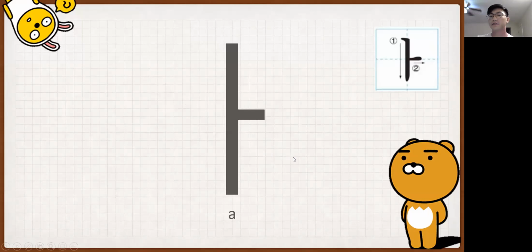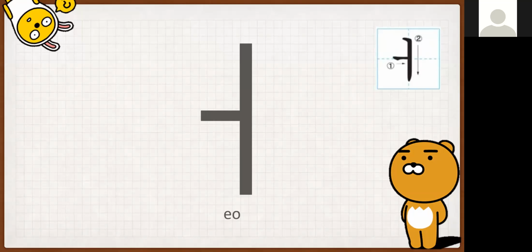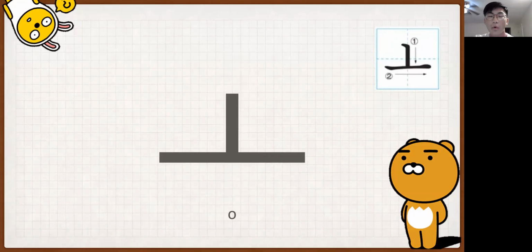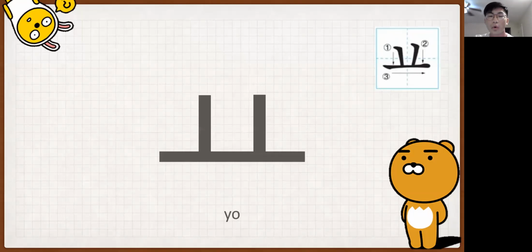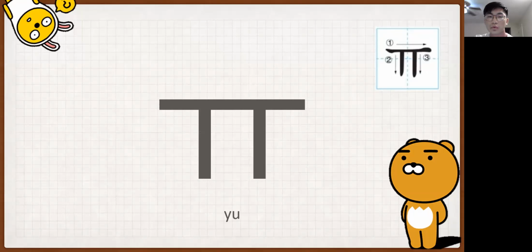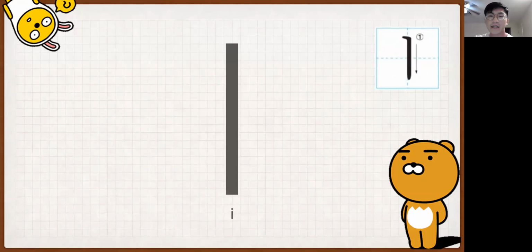All right. So the vowels. The first one is ah, ya, o, yo, o, yo, u, you, e.